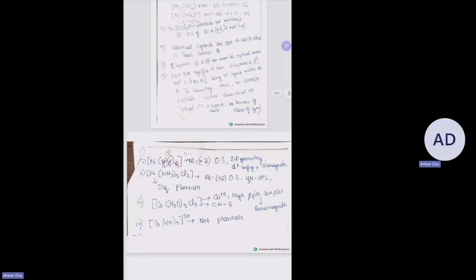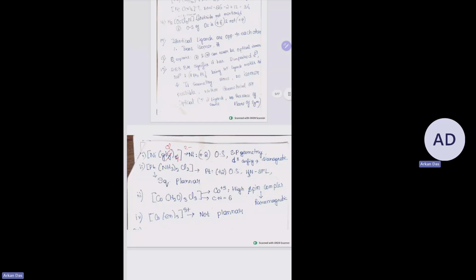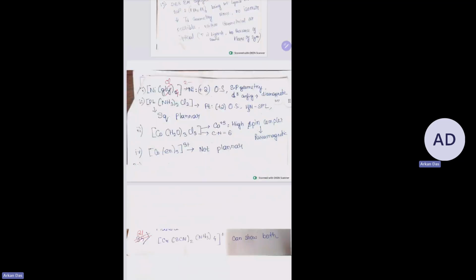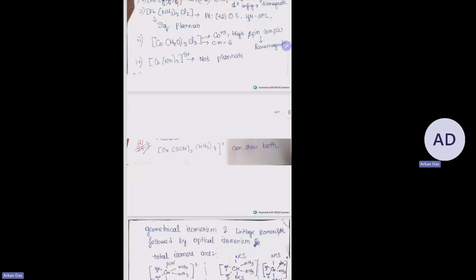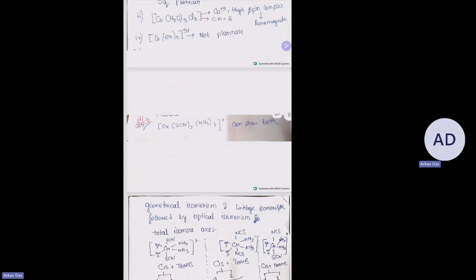According to that, looking into the ligands, we have to find the geometry. NH3 is a strong ligand, and with platinum it will give square planar geometry, whereas chlorine being a weak field ligand and water a moderate field ligand will give the +2 oxidation state cobalt a different geometry.